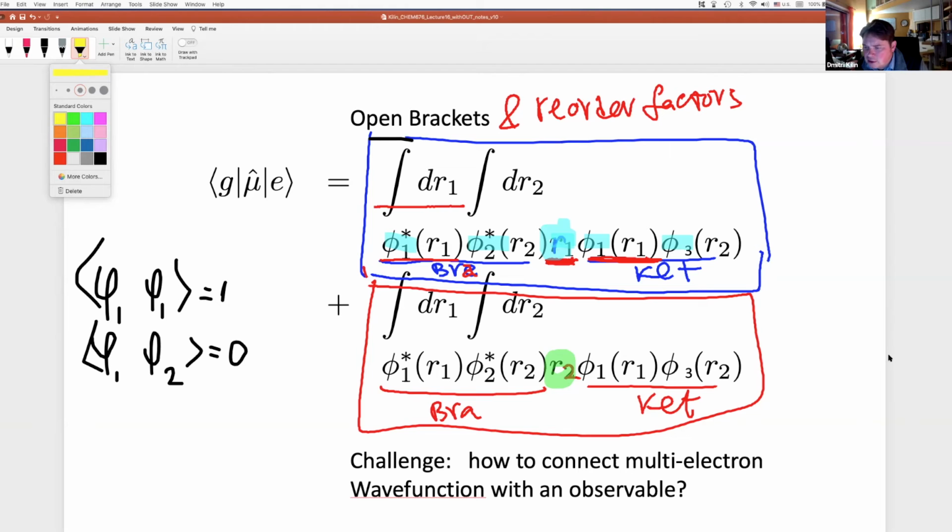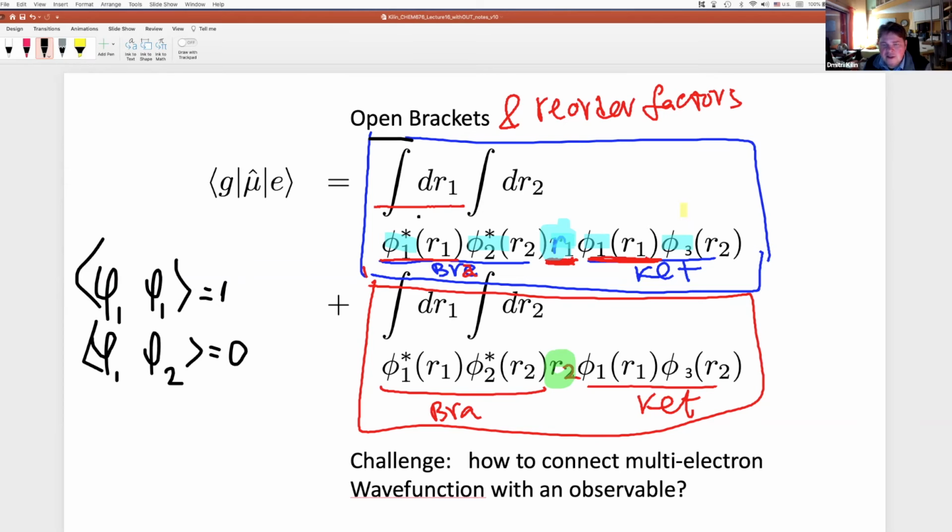Yes. Oh, would you like to help me with the blue box? Let me explain what I'm looking for. I'm looking for a term that will not have r1, only the wave function.